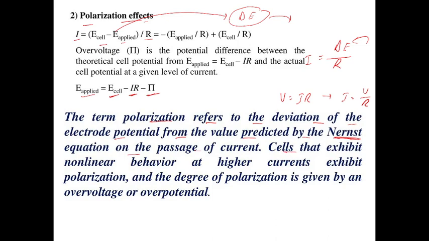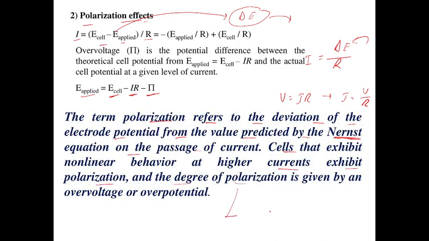I am reading again. The term polarization refers to the deviation of the electrode potential from the value predicted by the Nernst equation on the basis of current. Cells that exhibit non-linear behavior at higher current exhibit polarization, and the degree of polarization.